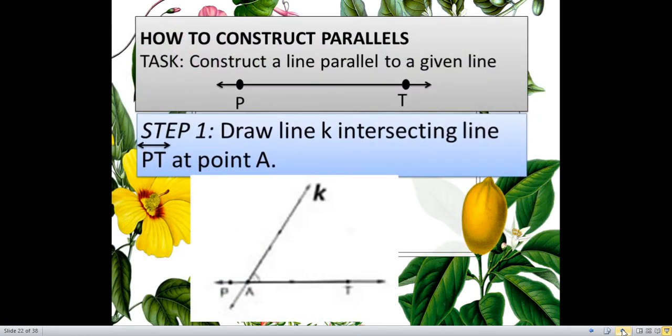Next, how to construct parallels. Our task is to construct a line parallel to a given line. We have here line PT.